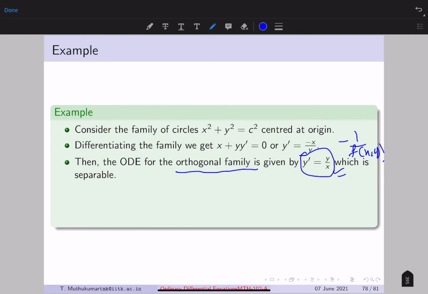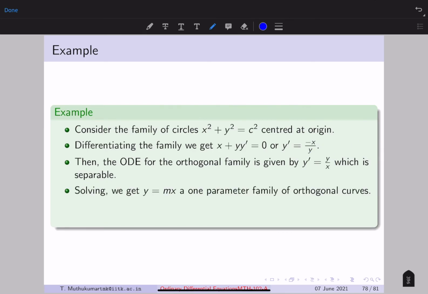Now this ODE you can solve. This is in separable form, so you can solve. What you get is a one parameter family of curves, which is lines passing through origin of all possible slopes. So this way we have shown that this is the orthogonal family. You can also do the other direction.